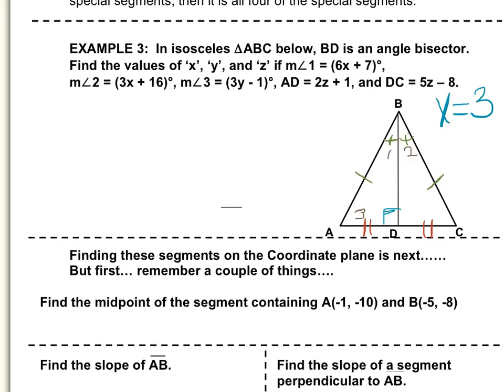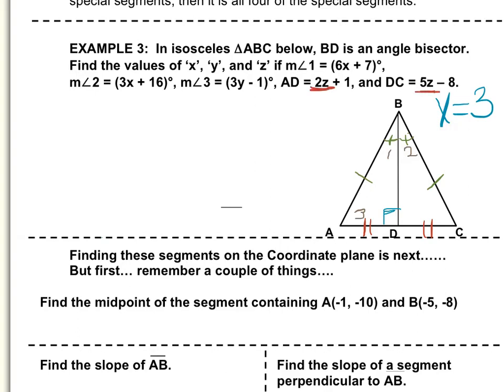Now I'm going to solve for z. The only reason I'm doing that is because it's a little easier to solve for z before we solve for y. Now notice where the z's are. I have a z here in AD, and a z here in DC.